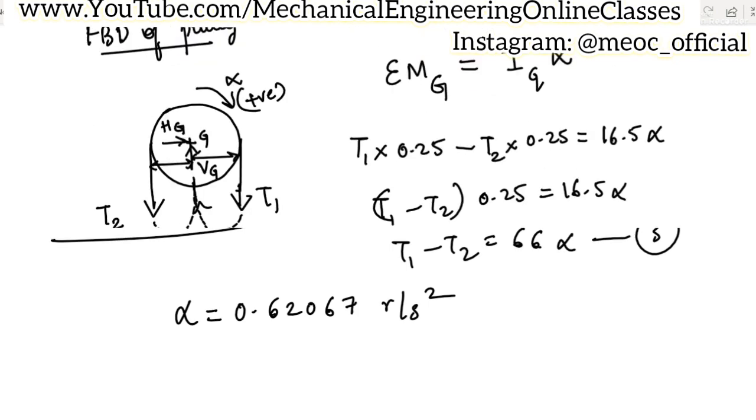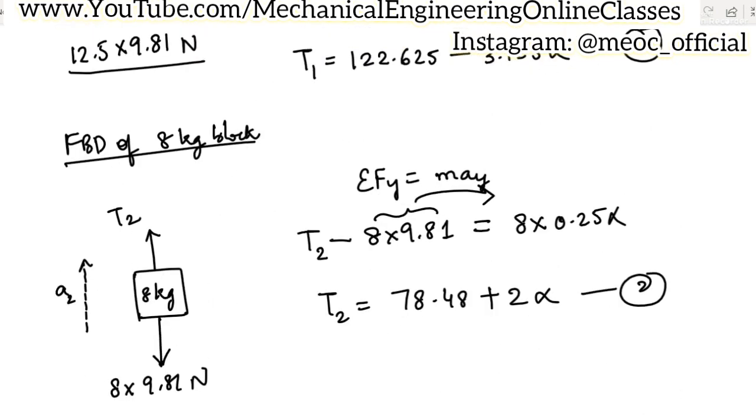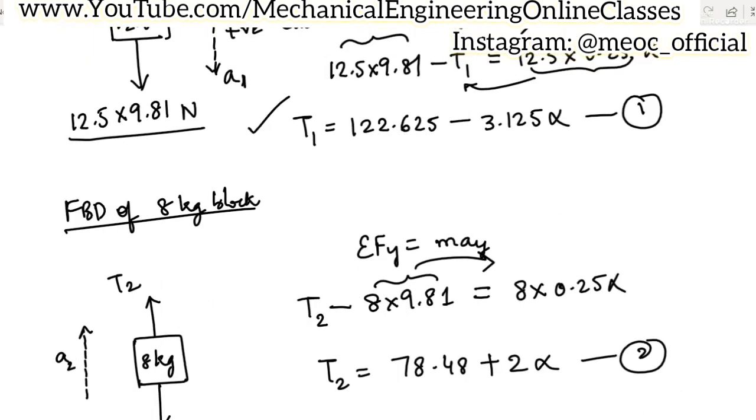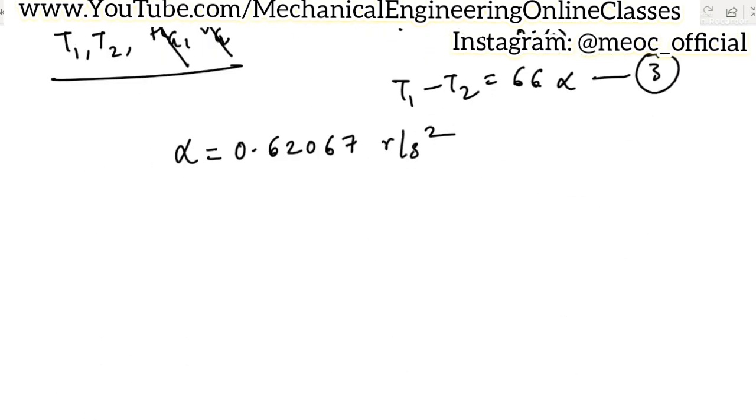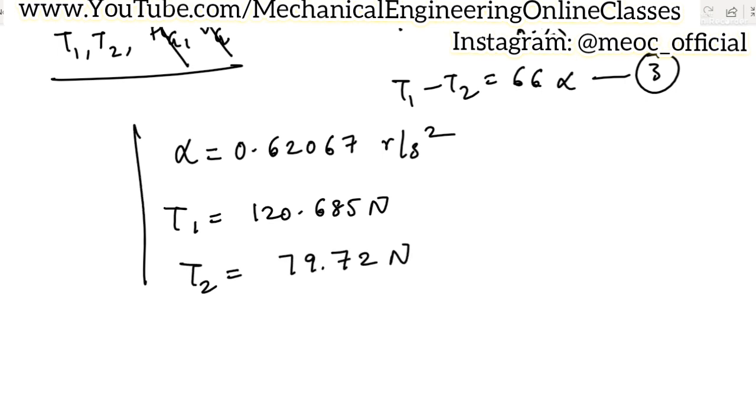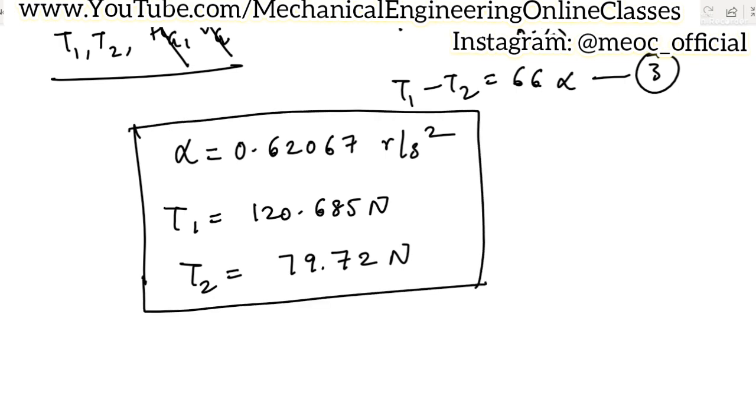Now once we know alpha, we can find T1 from the first equation, T2 from the second equation. Then we will have T1 as 120.685 Newton and T2 as 79.72 Newton. So this is the answer to the given question.